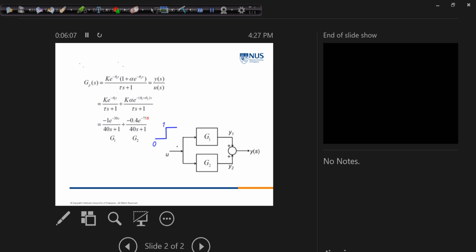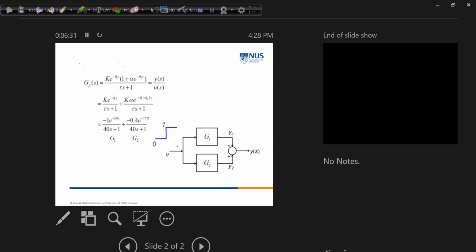As we discussed, the G(s) term given here is for Y(s) over U(s) as a transfer function. Y is the final output, U is the input. As we know, the input is given as a unit step change. So we can decouple the transfer function to see what blocks we need for this overall G(s).